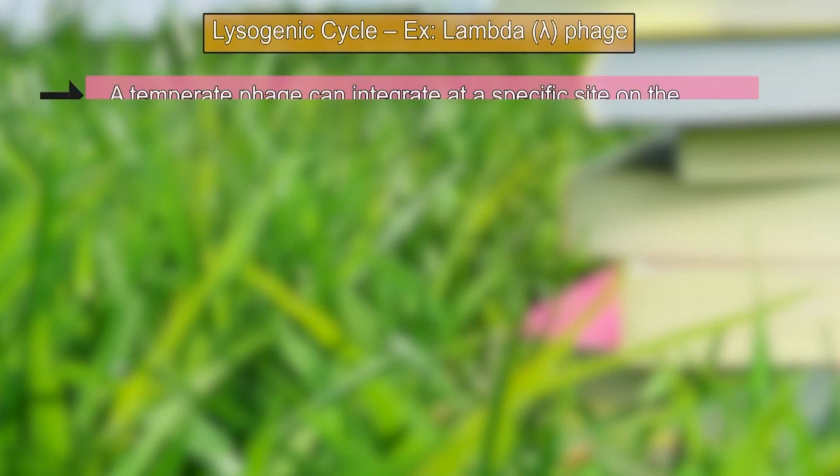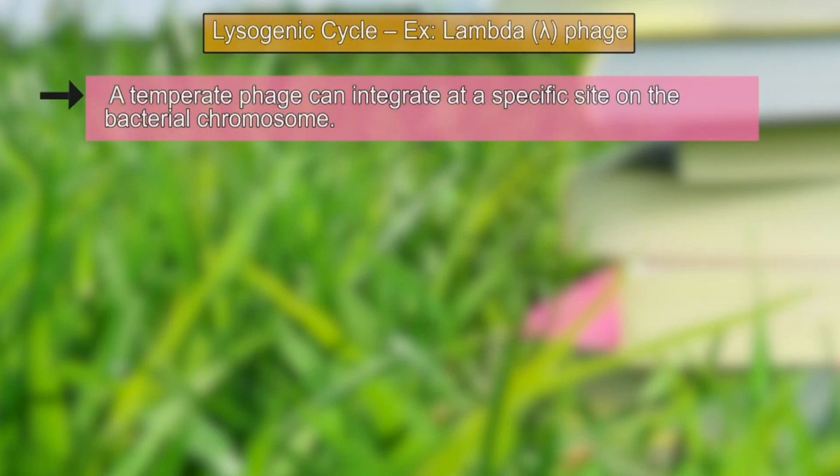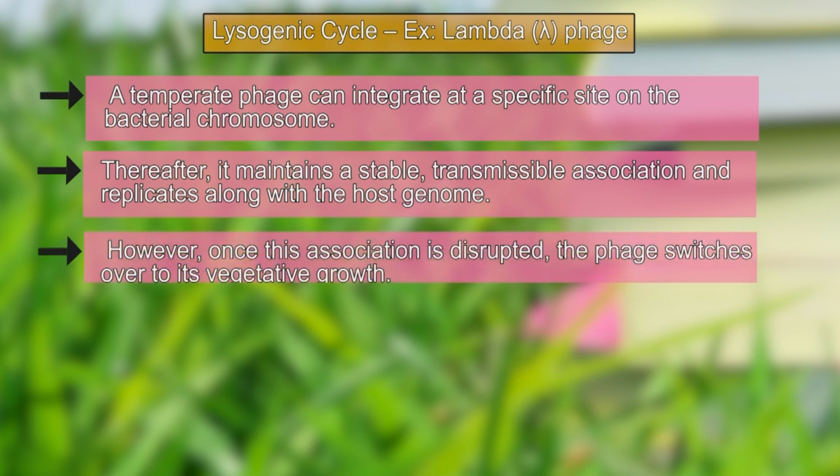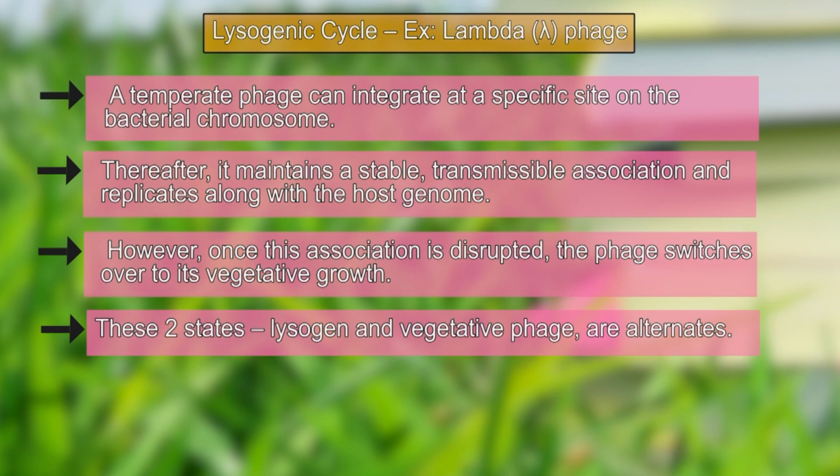A temperate phage can integrate at a specific site on the bacterial chromosome, maintain a stable transmissible association, and replicate along with the host genome. So lysogeny and vegetative growth are just alternates.